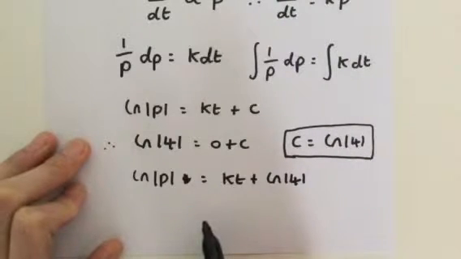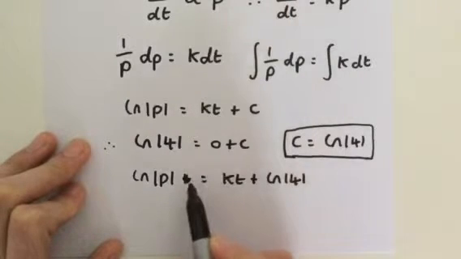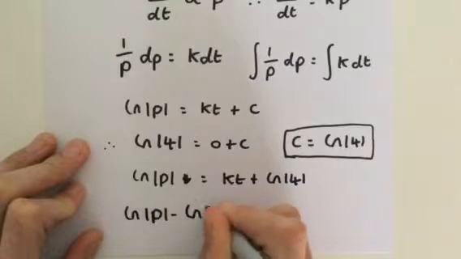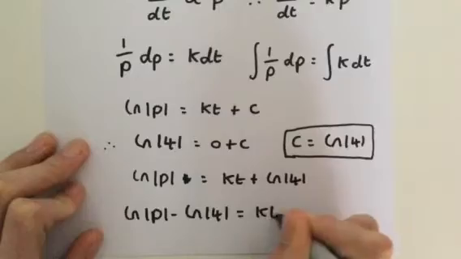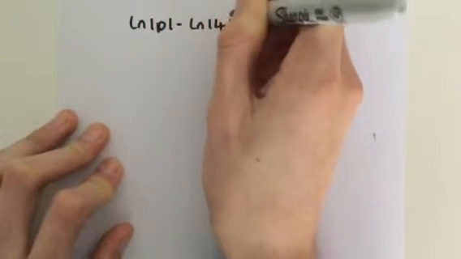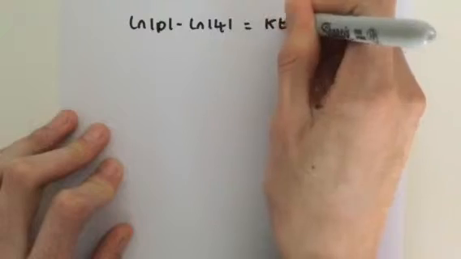We can bring the natural log of 4 onto this side of the equation, and we get the natural log of P minus the natural log of 4 is equal to kt. If you know your logarithmic rules, you might be able to see this. I'll write it out again: the natural log of P minus the natural log of 4 is equal to kt.